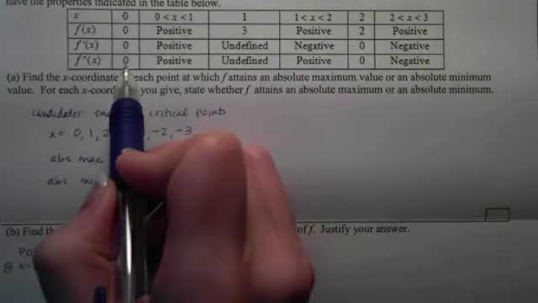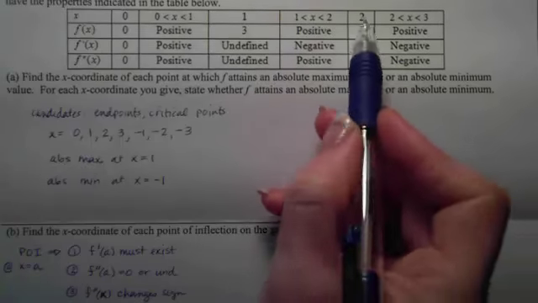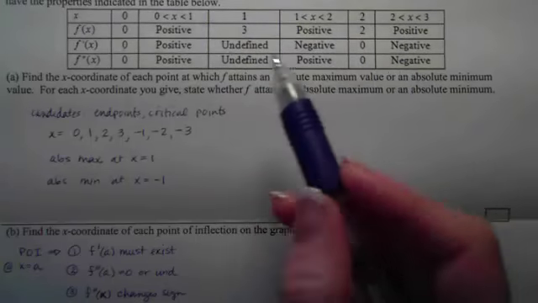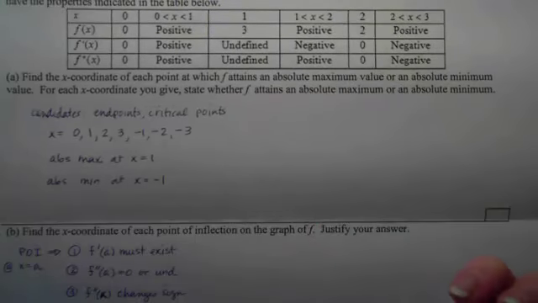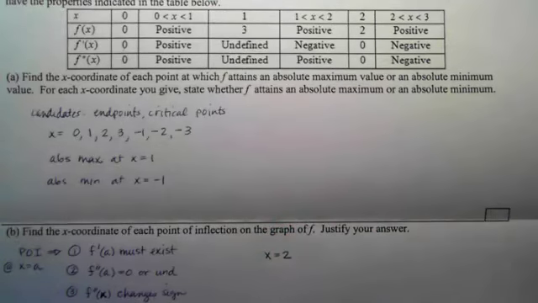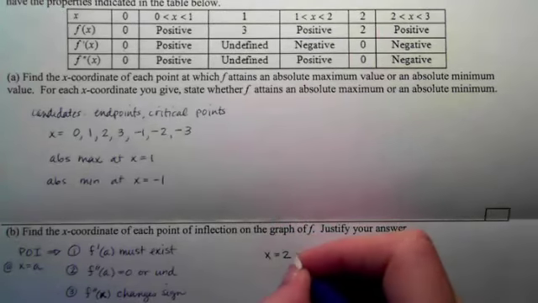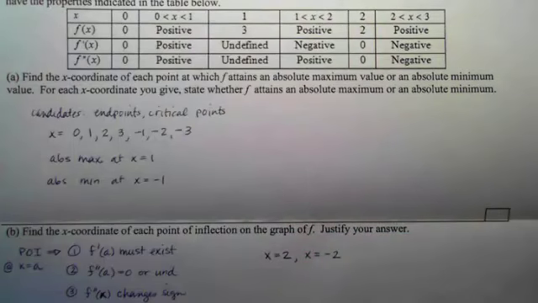So really we're looking at 0 or 2 as being possible. If we look at 2, we can see that our second derivative changed from positive to negative. So 2 will be an inflection point. Because of the odd nature of our graph, we're also going to get an inflection point at -2.